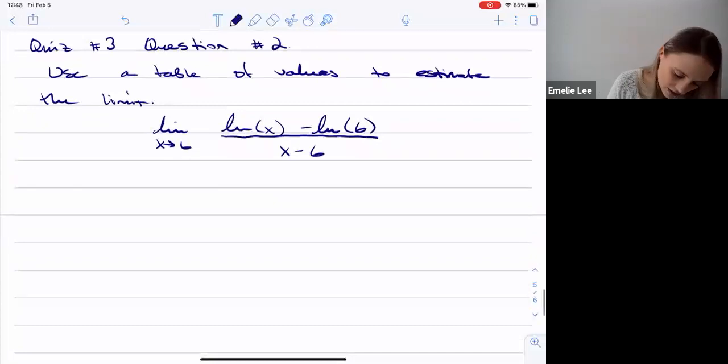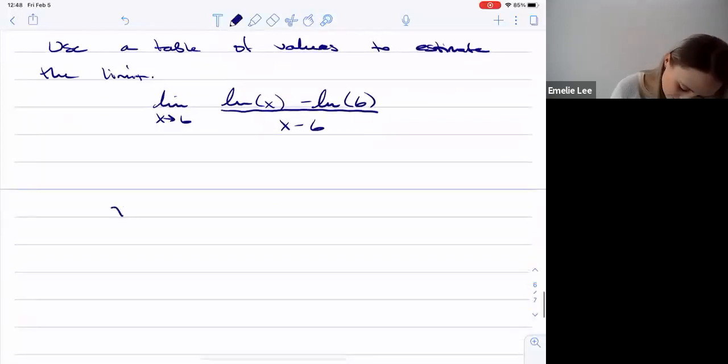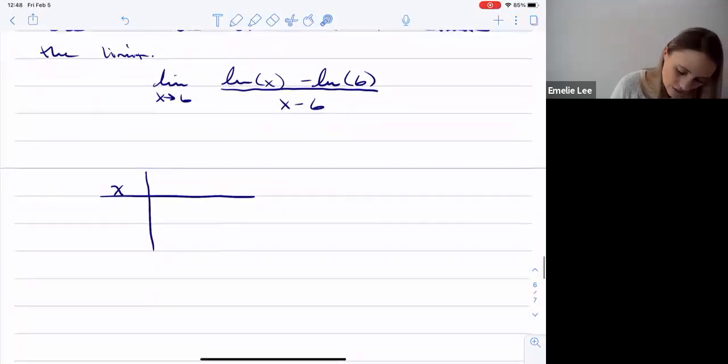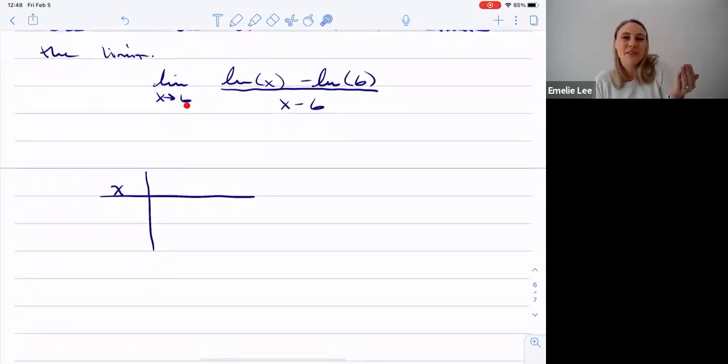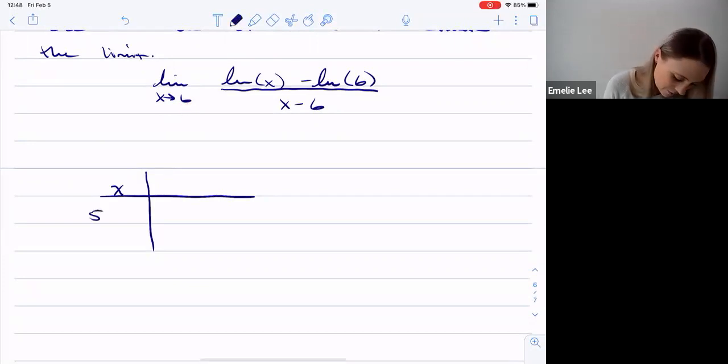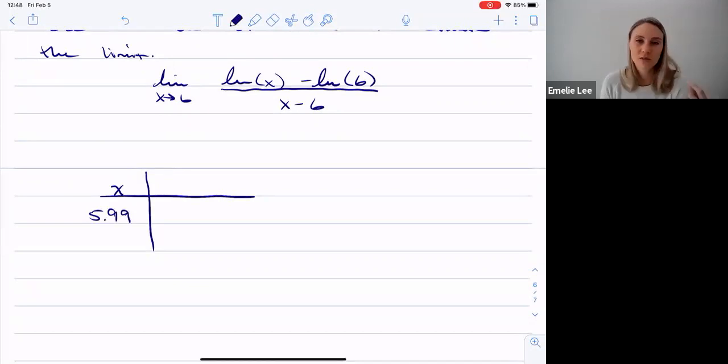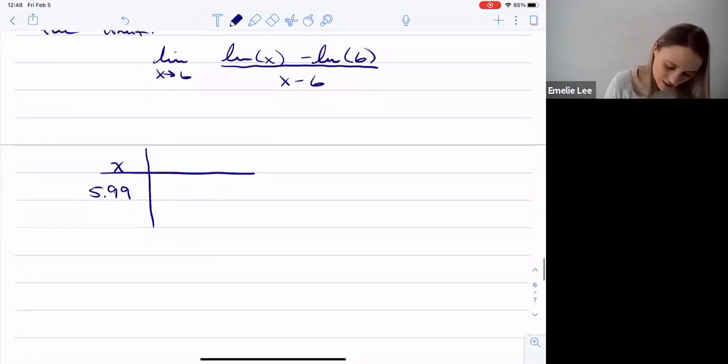I'll set up a table of values like this. I'm going to pick a value to the left of 6, so maybe 5.99. I like to go as close as I can without making my calculations really tedious. It's a fine balance.